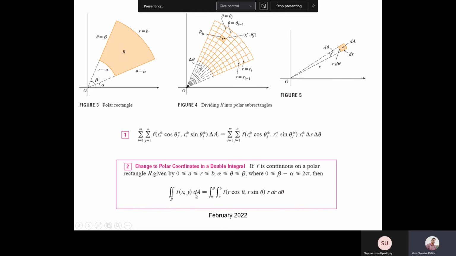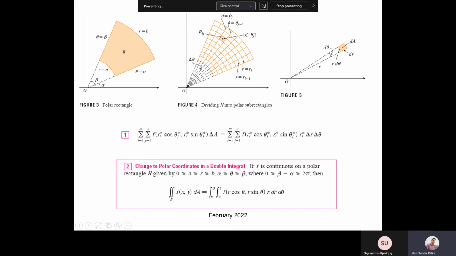Like I said, this one I still kept as it is. I still didn't write anything about it. It is going to depend upon how you are going to perform the integration. So if you perform integration with respect to r first, then the limit is going to be a to b first, and once you express it as a function of theta, then you integrate with respect to theta.